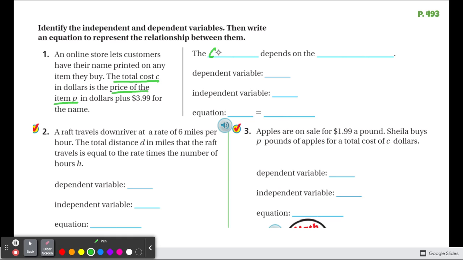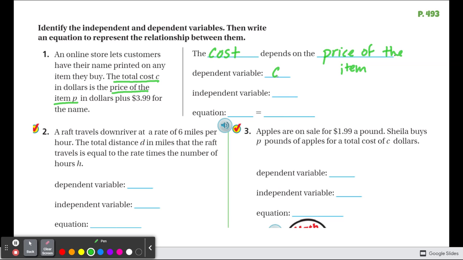So we can write the cost depends on the price of the item. So since the cost depends on the price, the cost is our dependent variable.